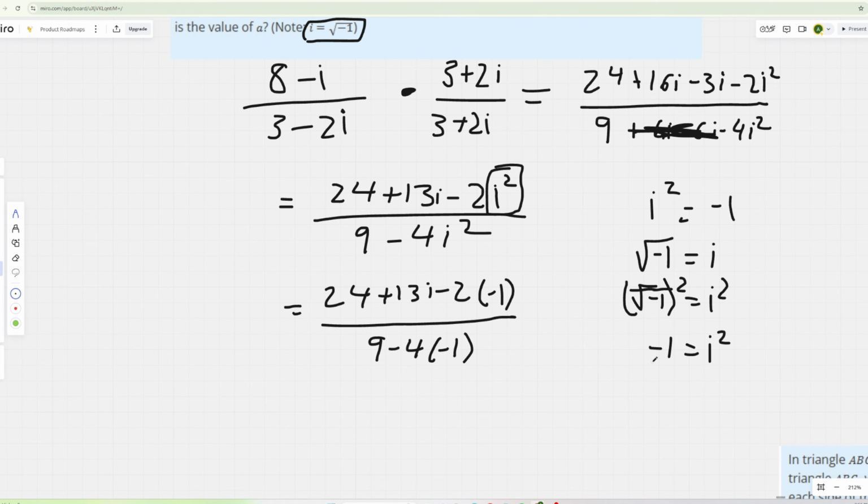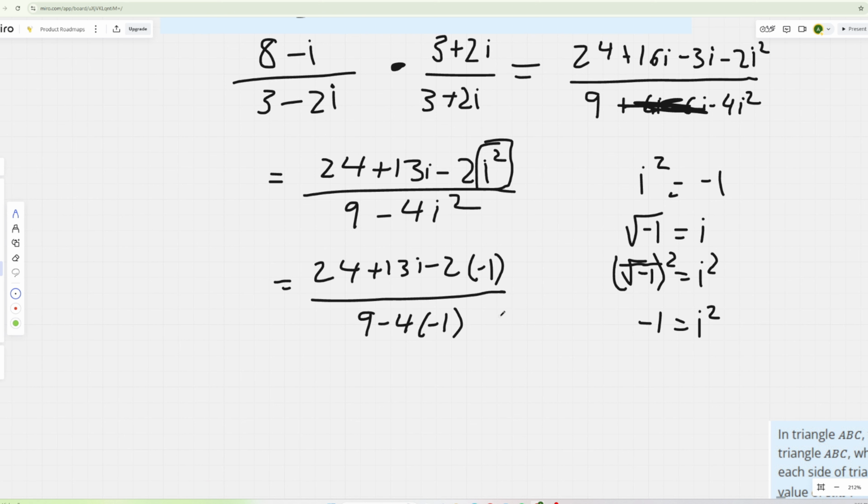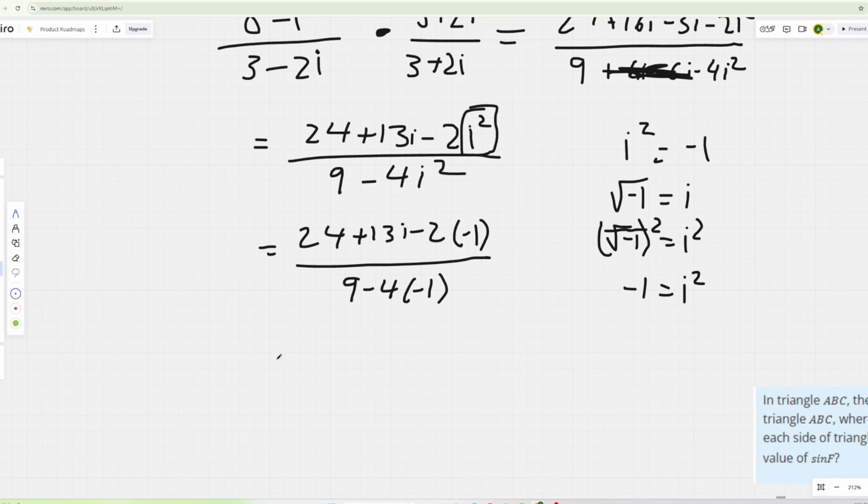I'm just putting in negative 1 for i squared. You guys should know this. i basically just repeats in patterns of 4. So 24 plus 13i plus 2 over 9 plus 4.